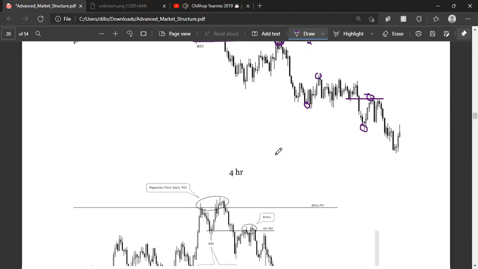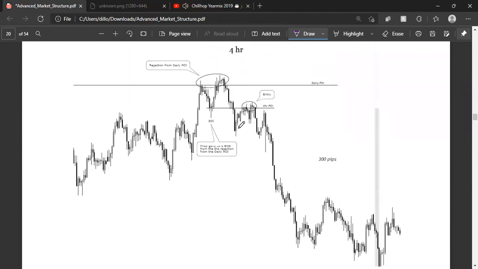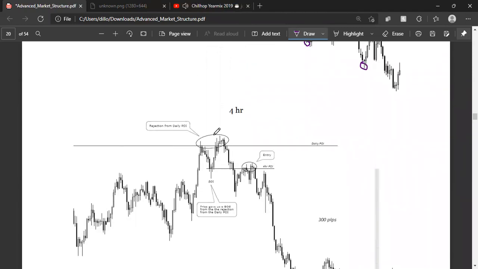So we go from the daily down to the 4-hour. And what do we see, right? We have a rejection here. See this? It doesn't break structure, but it is still respecting bullish order flow. So our first rejection is a no-go.